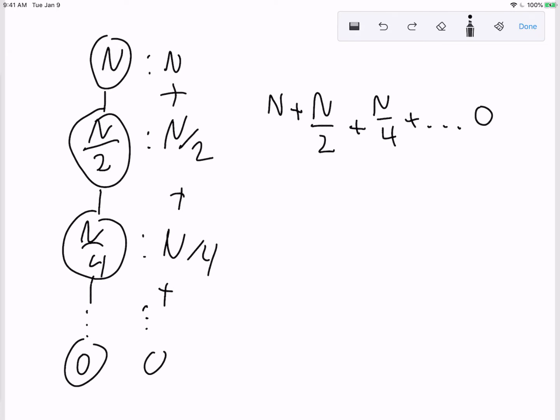So this may look like an unfamiliar sum, but it's actually one that you already know. I'm going to write the sum backwards. Okay, 0 plus, and now you may be wondering why I put 0, because if you want to go from here to the next term, you divide by 2, but if you want to go to the previous term, you multiply by 2. So maybe you're thinking the next term is 0 times 2, which is 0.